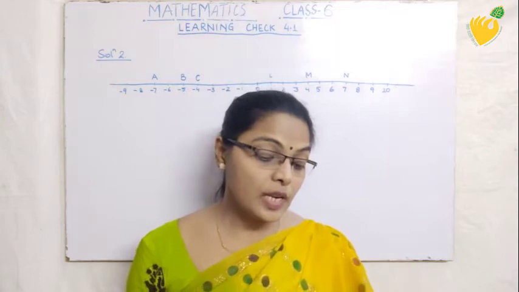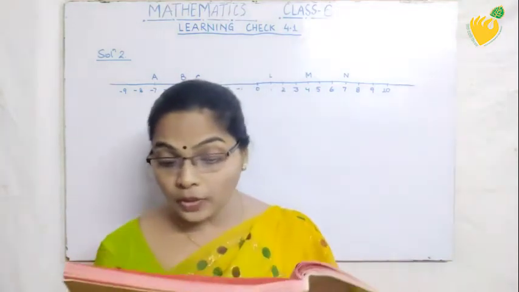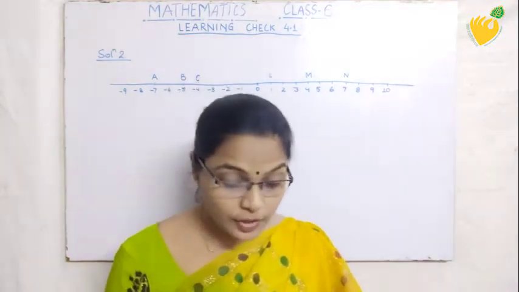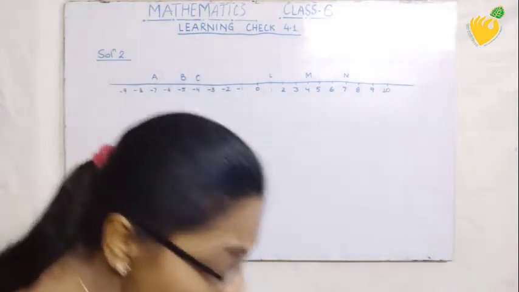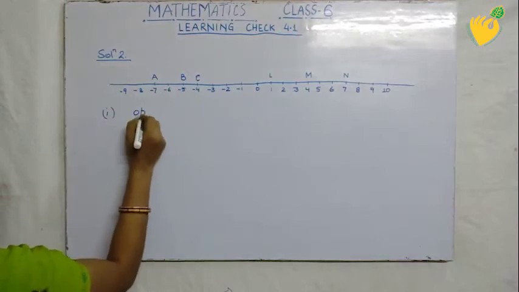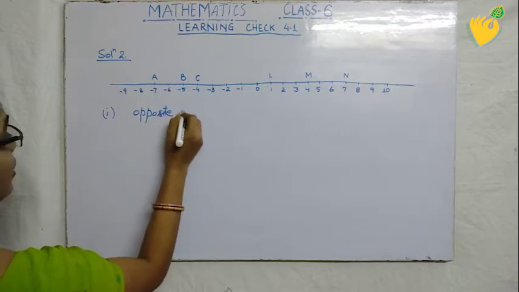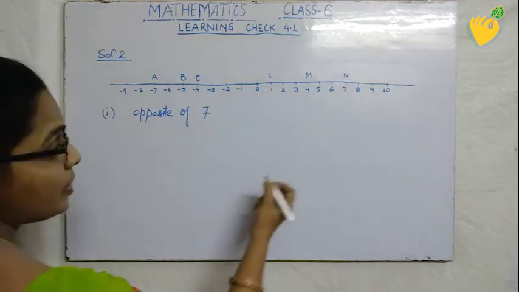Second one, students: use a number line to write points corresponding to each of the following. The first one is the opposite of 7.